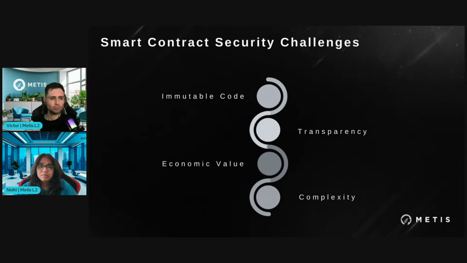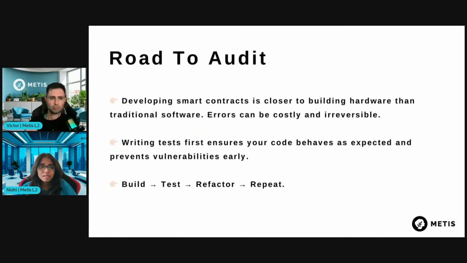And the final one is complexity. As the functionality of the smart contract grows, so does the complexity of the code. Let's be real, the more complex the code is, the easier it is for mistakes to creep in, right? So this is another important thing when we are developing a smart contract. Let me move to the next slide.